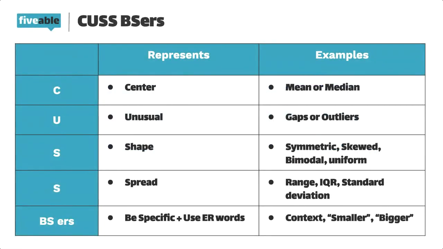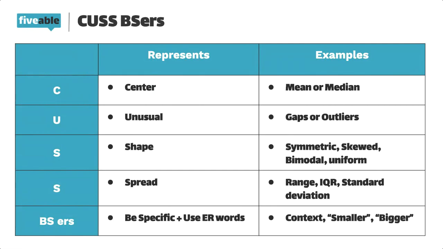So when we describe a distribution, we want to hit on 5 different topics. The first, the C, represents center. So you want to talk about the center of a graphical display. For us, we want to use either mean or median. We also want to talk about unusual. So anything unusual about the graphical display, we want to talk about. That usually means gaps or outliers.